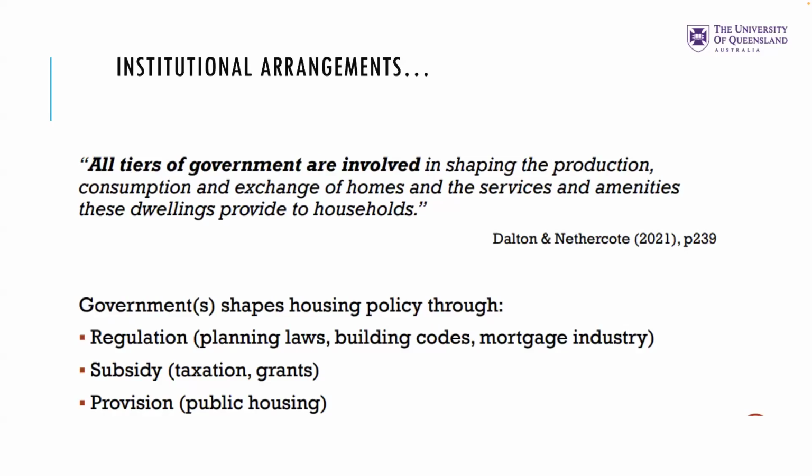We are thinking here of their responsibilities in terms of funding, interventions, and even how they participate in the delivery of a certain social service. In Australia, all tiers of government are involved in shaping the production, the consumption, and exchange of homes, as well as all of the related services and amenities.